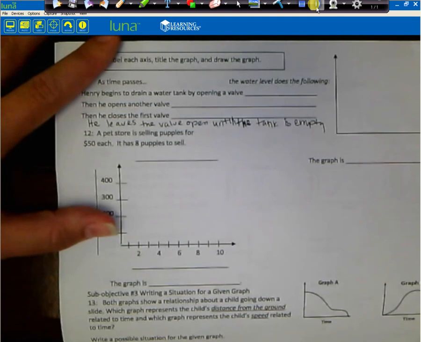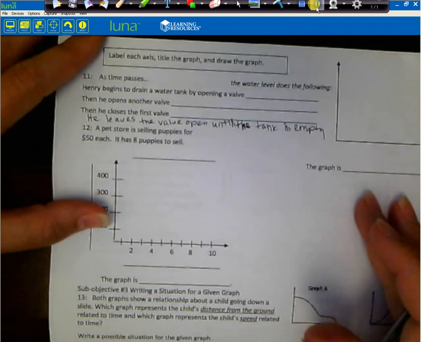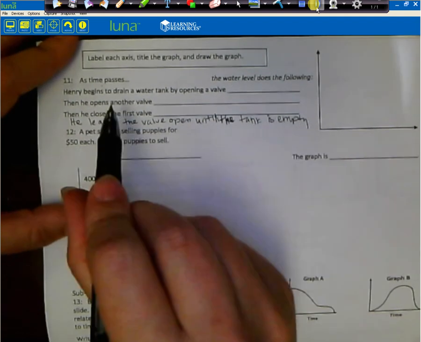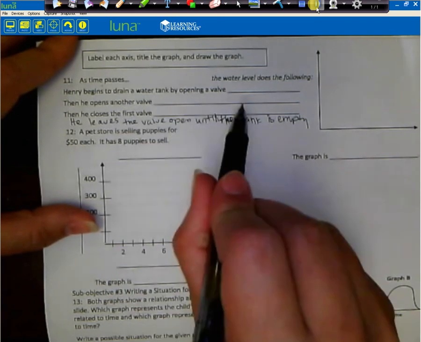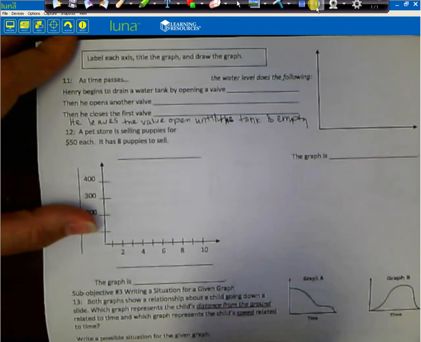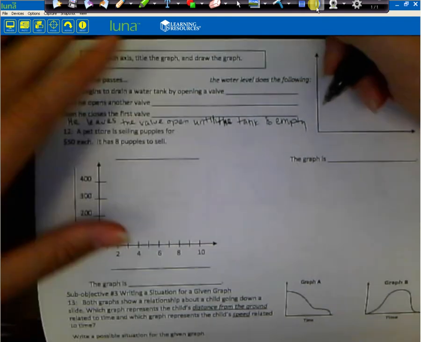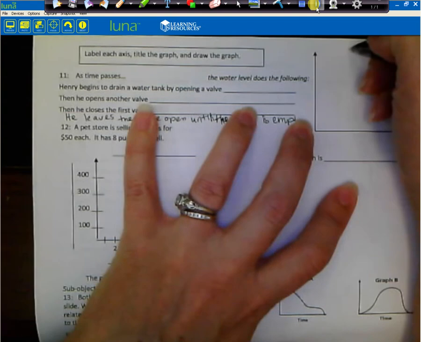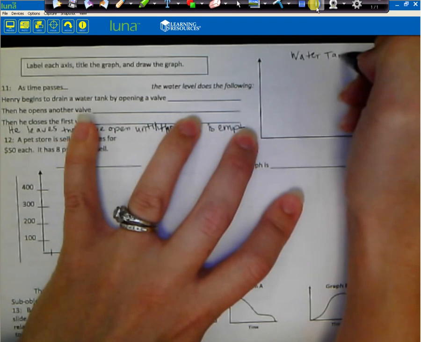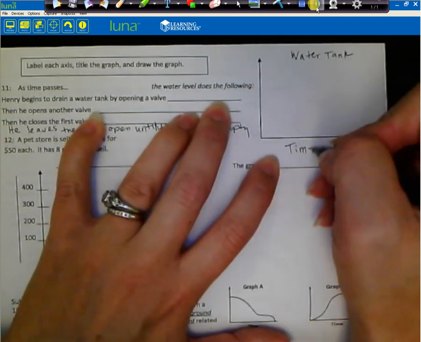Okay, so we're going to look at exactly what's happening to the water level as time passes here. And it says here, as time passes, the water level does the following. So when Henry begins to drain a water tank by opening a valve, obviously if he's beginning to drain it, it's already full. So we're going to put this over here on this graph. We're going to label our graph the water tank. Our independent axis is going to be time.